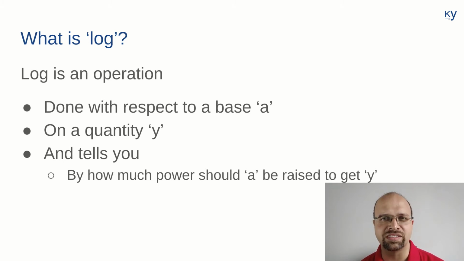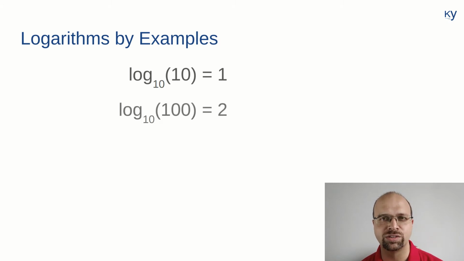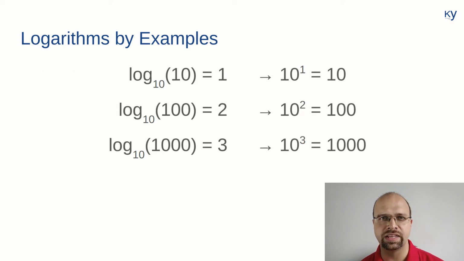So let's look at some examples of logarithm operations. Log of 10 to the base 10, and base 10 is one of the most common bases that we choose, is 1. Similarly, log of 100 to the base 10 is 2, and log of 1000 to the base 10 is 3. Now let's understand why this is so. That's because 10 needs to be raised to a power of 1 in order to get back 10.